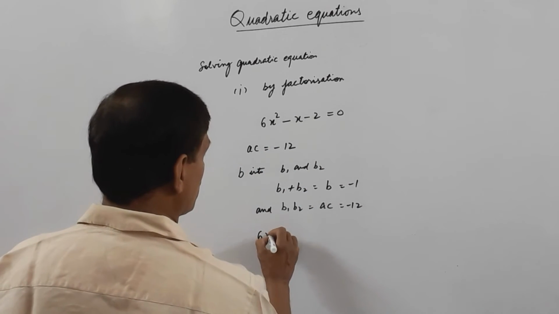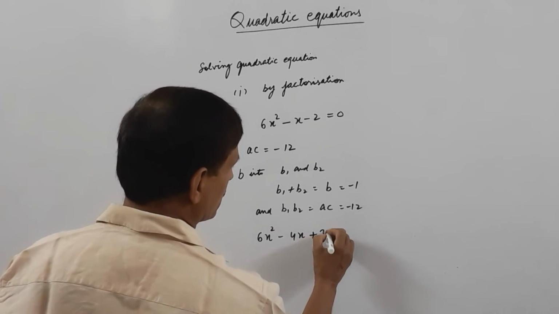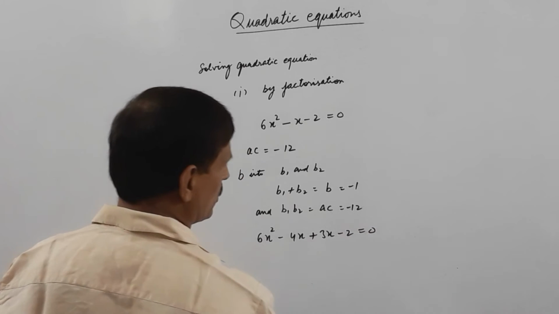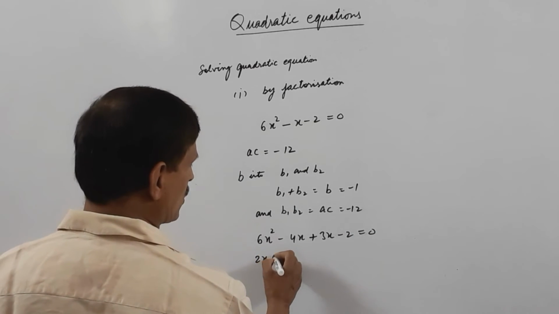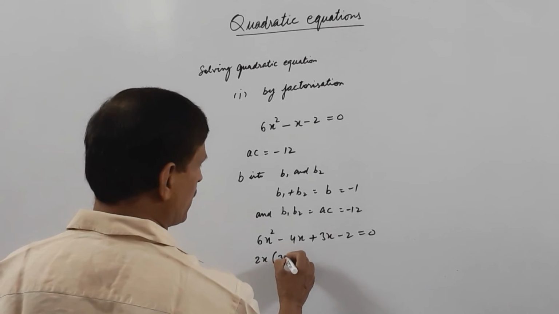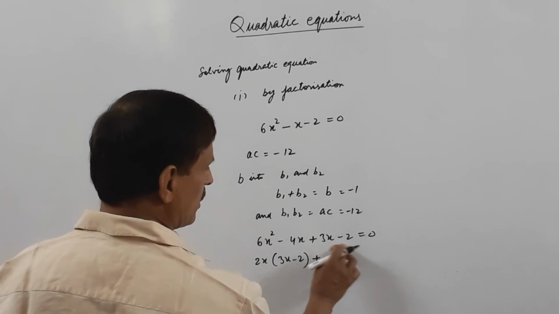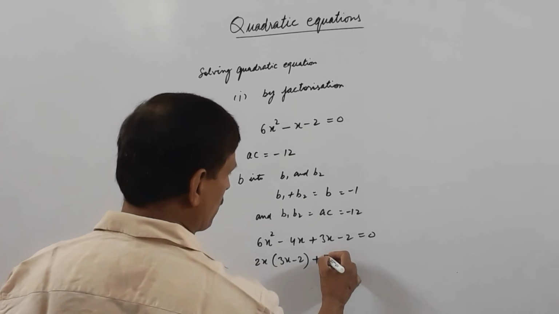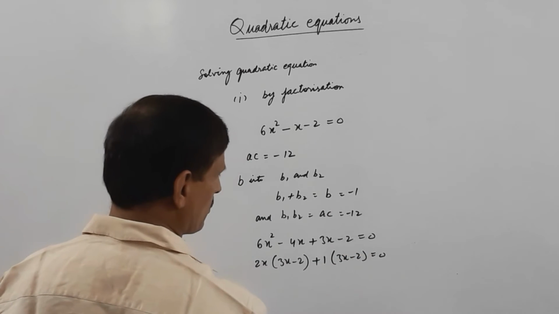So we split into 6x square minus 4x plus 3x minus 2 is equal to 0. Now taking a common factor, 2x is a common factor, so here it is 3x minus 2. Here plus 1 may be taken as common factor, so 3x minus 2 is equal to 0.